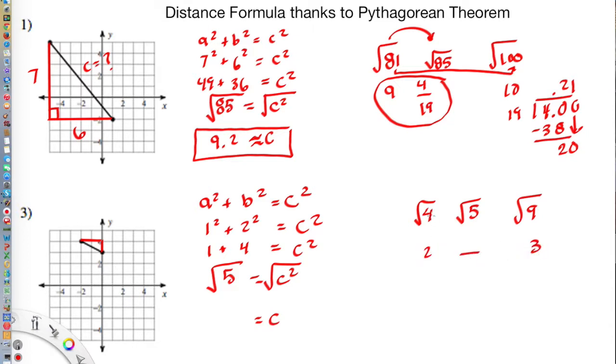And for the exact amount, the difference between 4 and 9 gives my denominator, which is 5. And the difference between 4 and 5 is 1. So it's 2 and 1/5, which I know is 2 and 2/10 exactly.